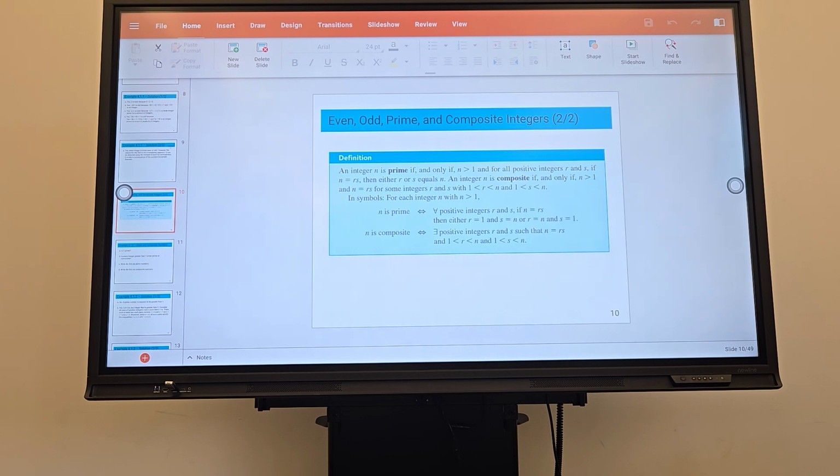An integer is composite if and only if the number is greater than 1 and n equals rs for some integers r and s where r and s are between 1 and n. Basically, a prime is a number with only 2 integer factors. A composite has more than 2 integer factors.